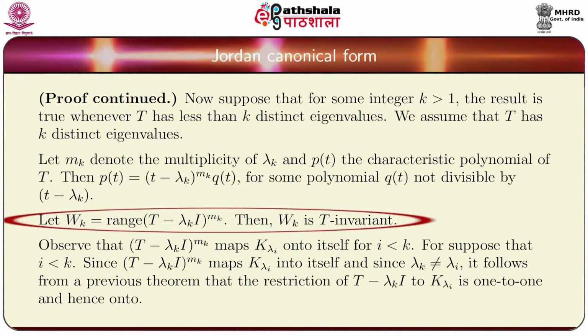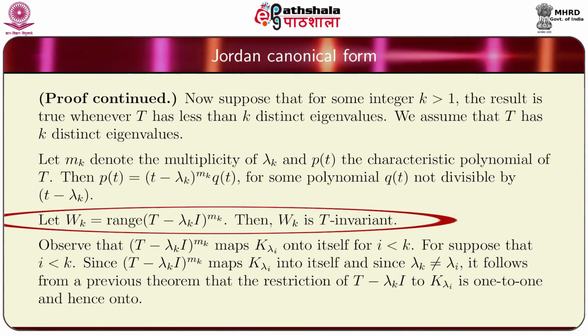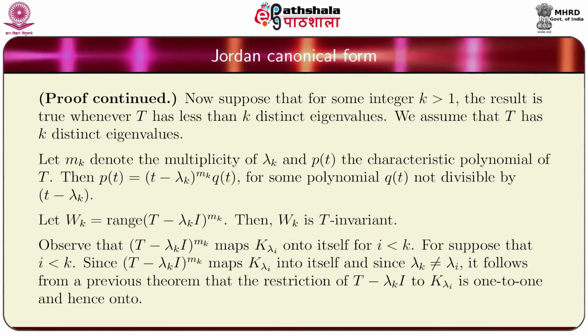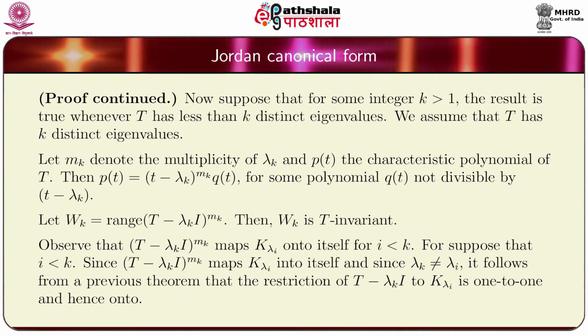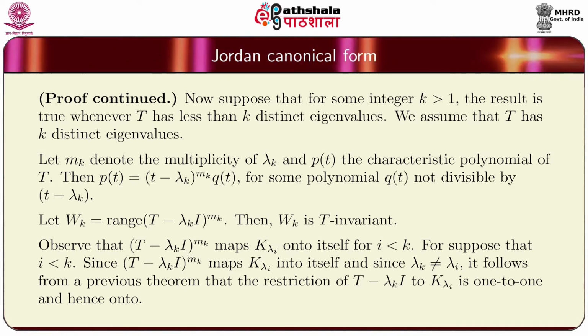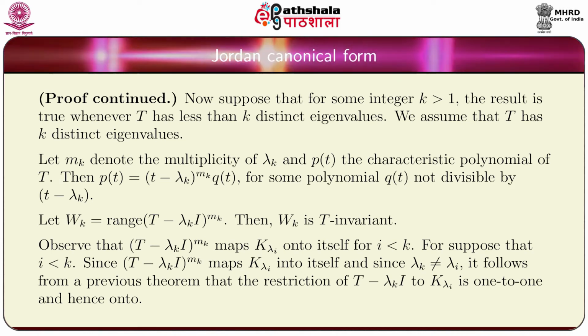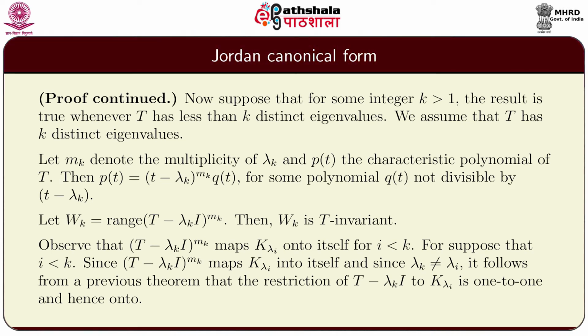Let Wk denote the range of the operator (T minus lambda k I) raised to mk. Then we know that Wk is T invariant. Observe that (T minus lambda k I) raised to mk maps K lambda i onto itself for every i less than k.